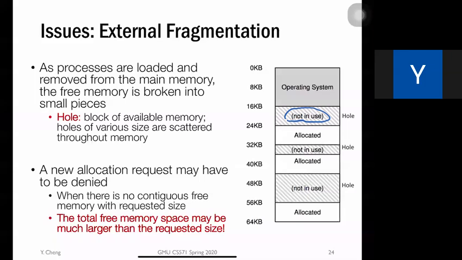So this is the so-called external fragmentation issue, and it could dramatically reduce the overall memory utilization. Okay, so this is one of the biggest problems of this coarse-grained memory segmentation mechanism.